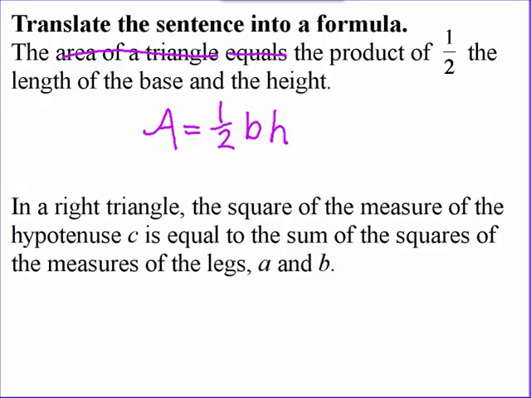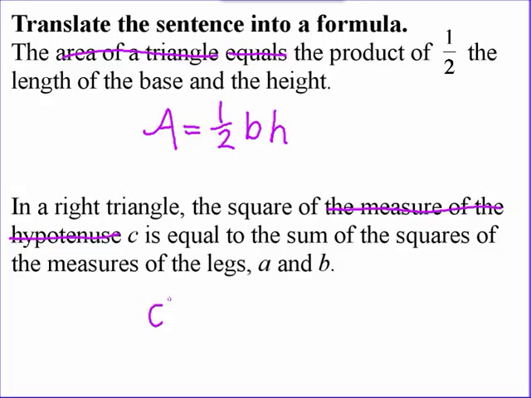Now let's look at this one. In a right triangle, the square of the measure of the hypotenuse C. So get rid of all that other stuff, you don't need it. How can I write the square of C? C squared.